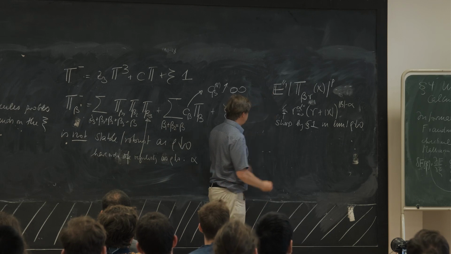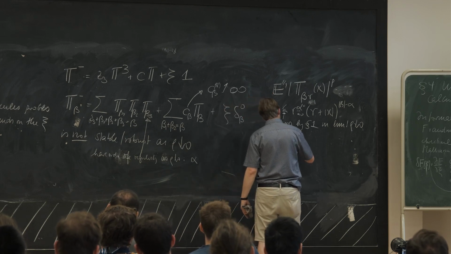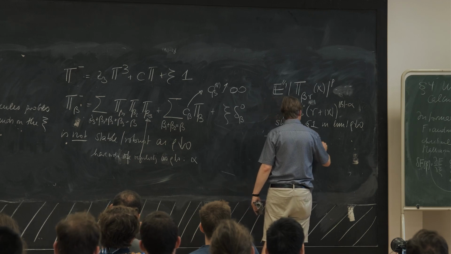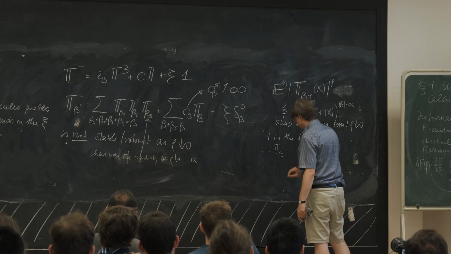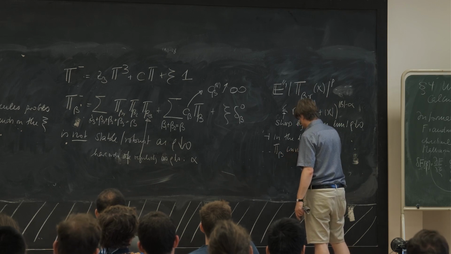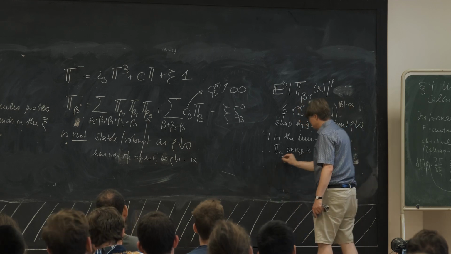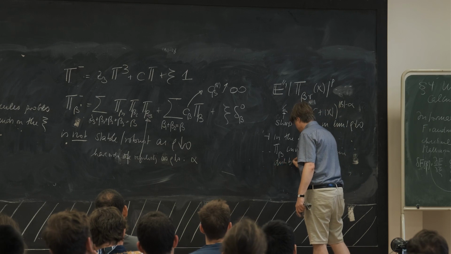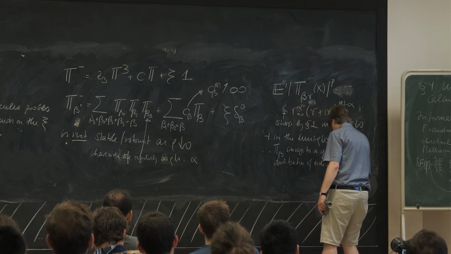So the first piece of information we take out here is that in the limit rho goes to 0, pi beta converges to a distribution, a genuine distribution of order alpha, which is negative.